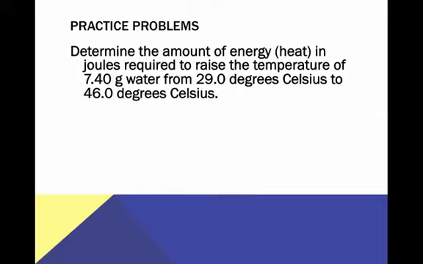So the fastest way to go about this is, if we remember our definition of a calorie, it's the amount of energy required to raise 1 gram of water 1 degree Celsius. So we need to figure out the temperature change, so we'll take 46 minus 29, and we also need to figure out how many grams of water we're raising that temperature change.